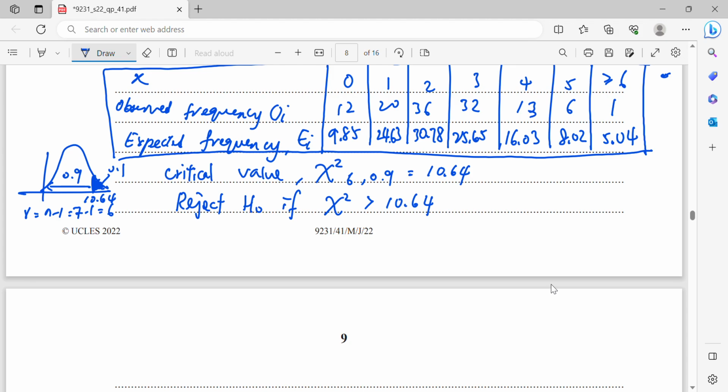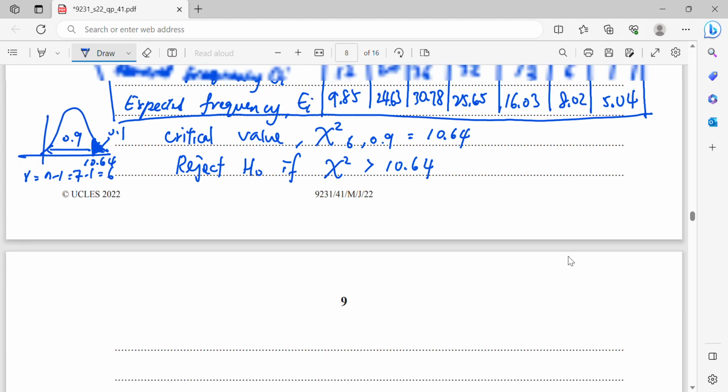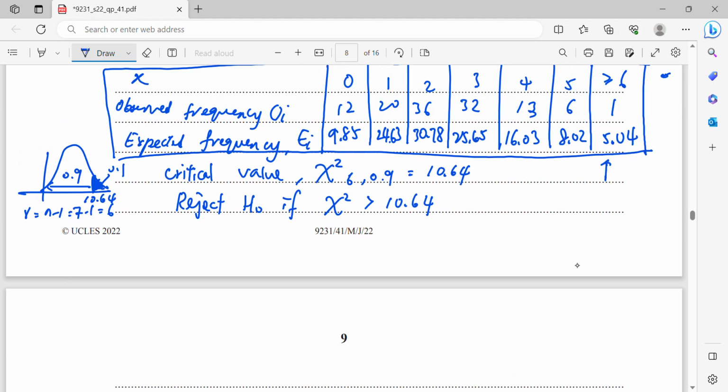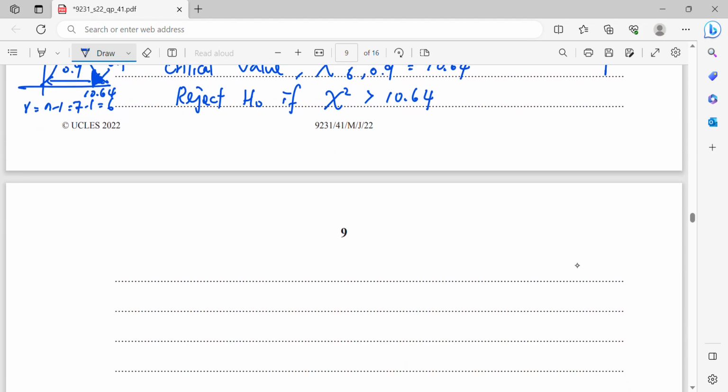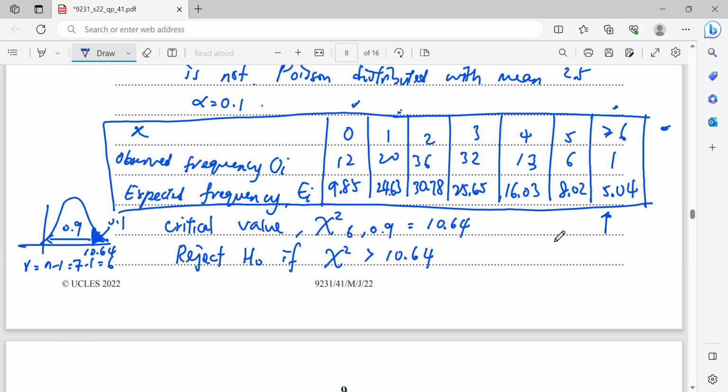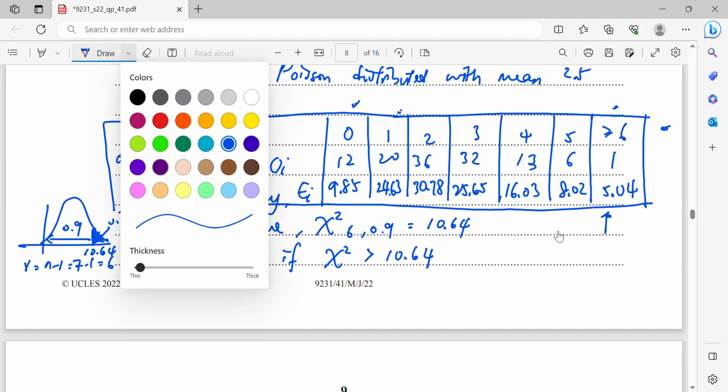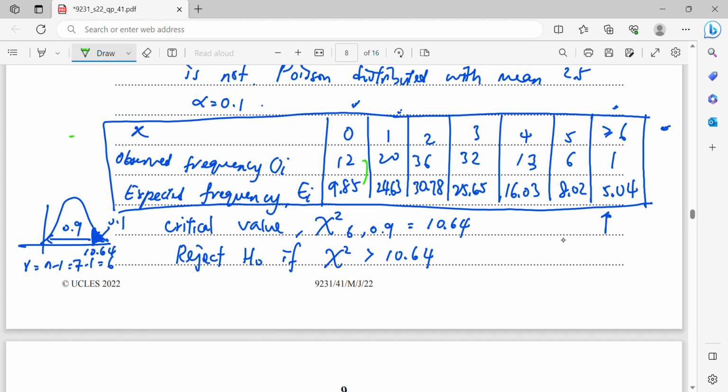Okay, so now we need to do the calculation for the chi-squared based on the latest table. Alright, so now chi-squared is summation of (OI minus EI) squared over EI. Right, so the first cell is 12 minus 9.85, then you square this and divide by 9.85.